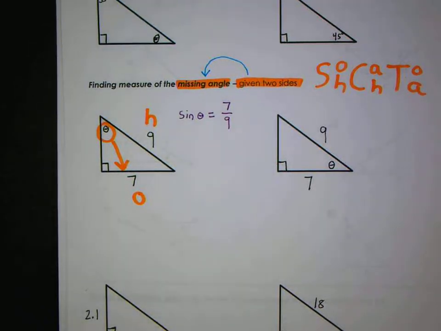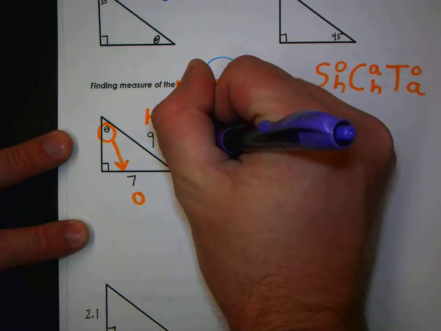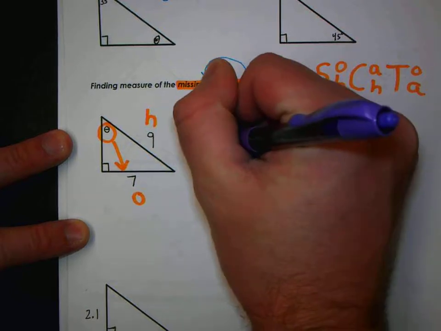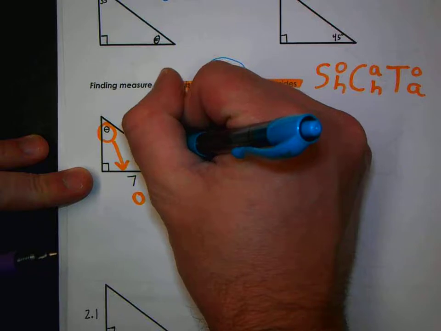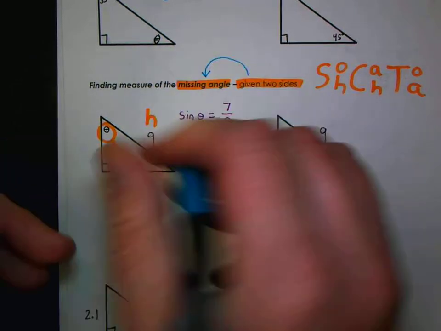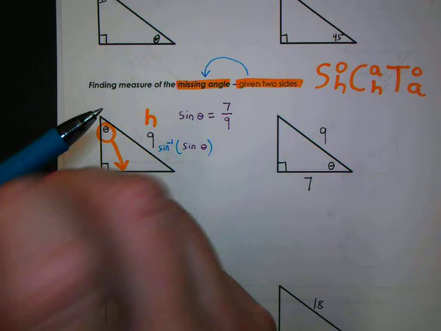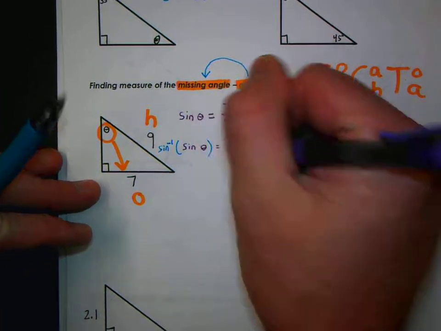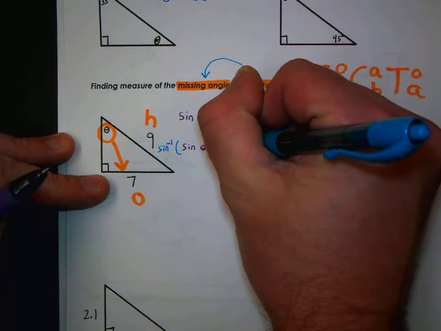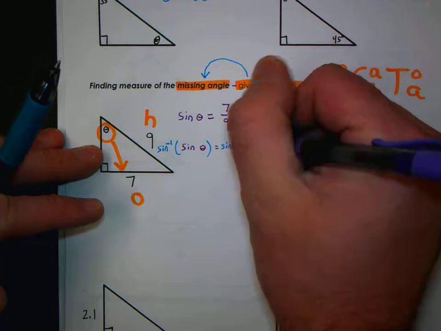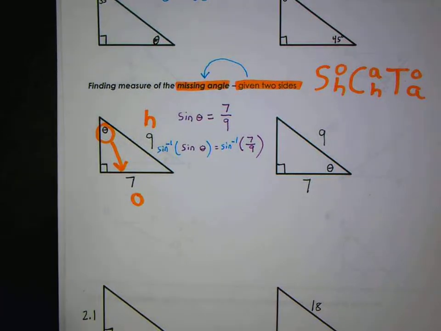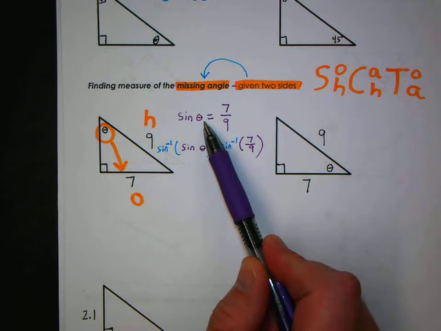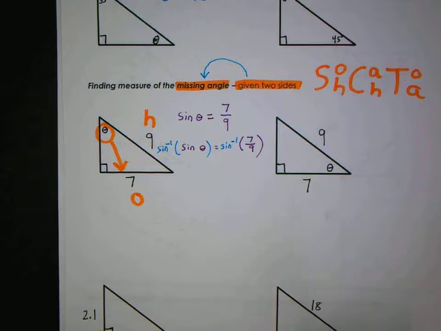Now we're trying to find an angle, so you need to take the inverse of both sides, which looks like this on the calculator. So to get this angle by itself, take the inverse of both sides.